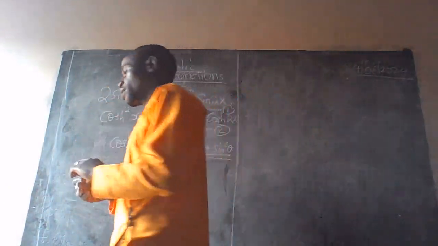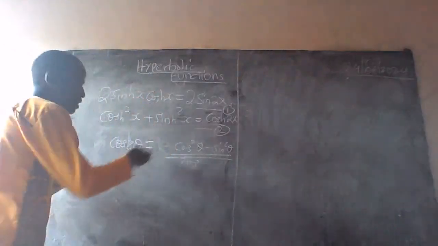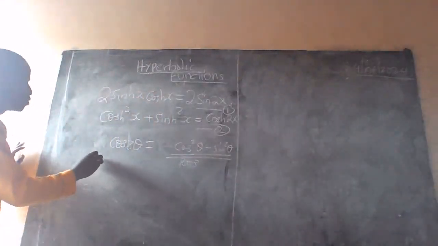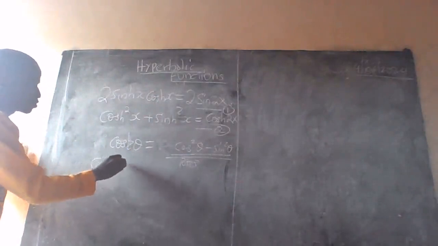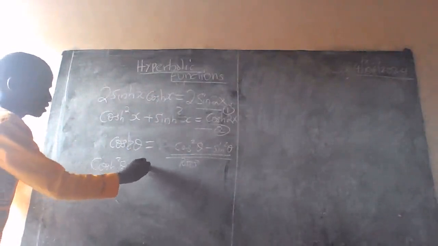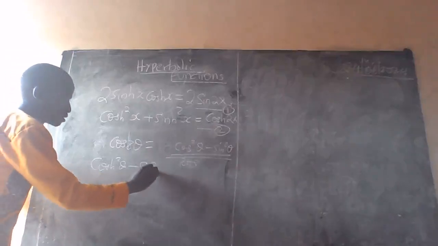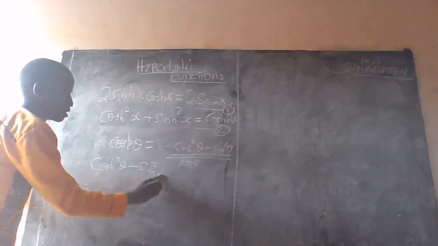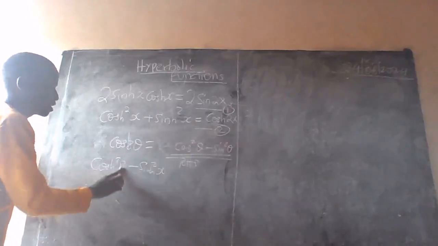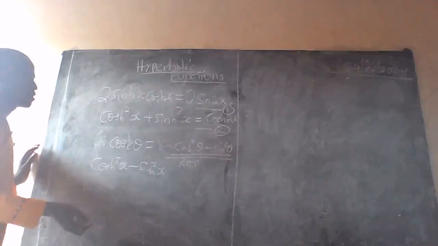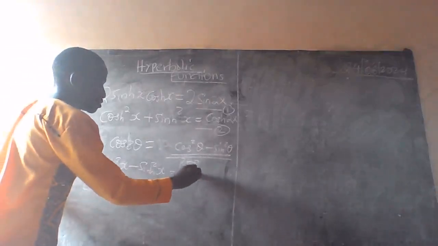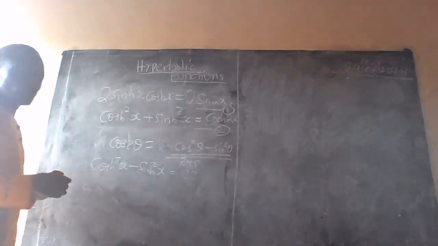Writing it in hyperbolic, it will look like cos squared x minus sine squared x. Call it x, no problem, x and theta. So we want to see what that one will give us.